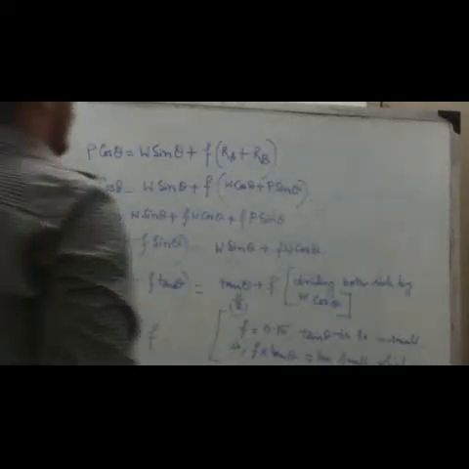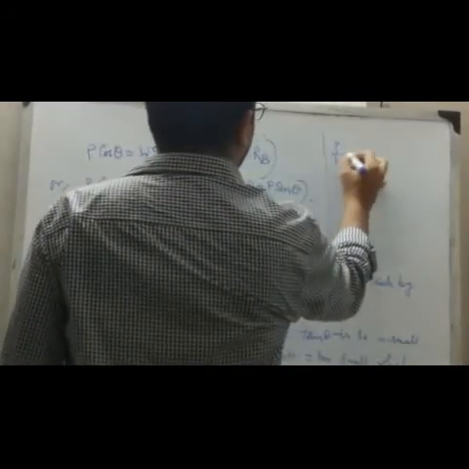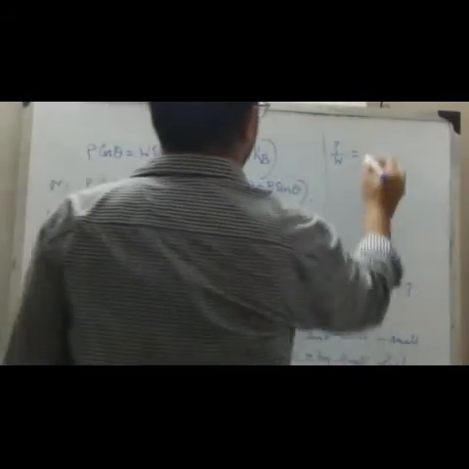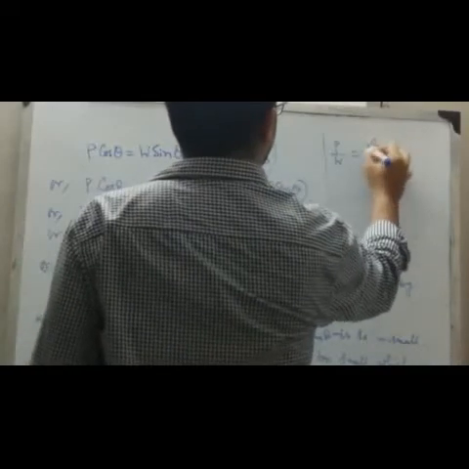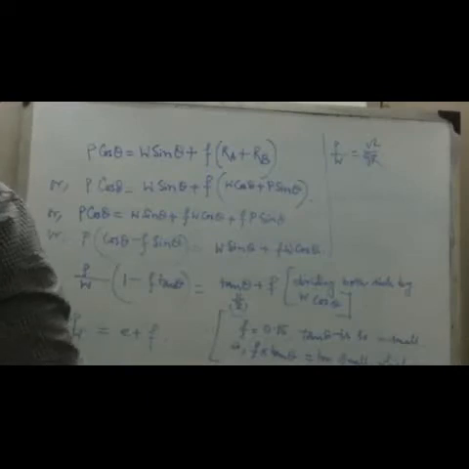Again, from the basic equation, it is known to us that P by W equals V square by GR.